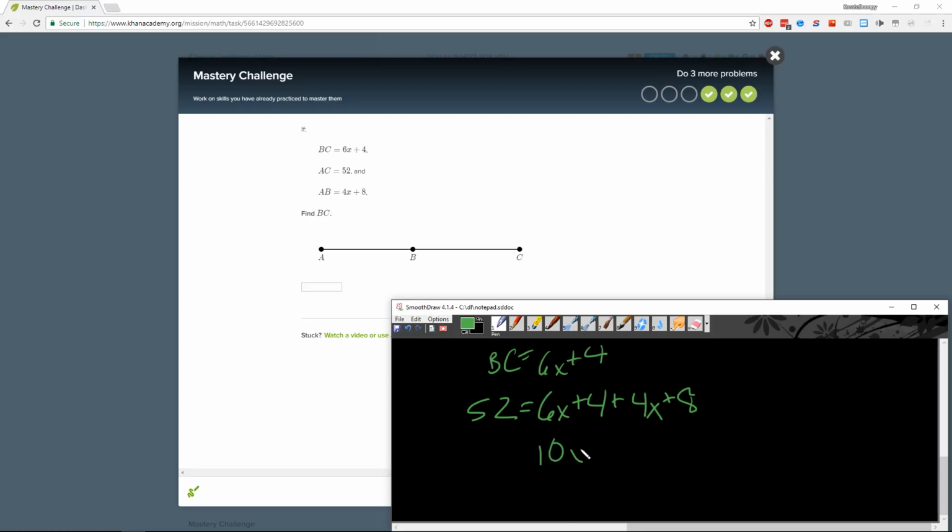So that's 10x plus 12, minus 12 from both sides. That goes away. 40. So x equals 4. And then you've got to plug it back into BC. So if x is 4, then it's 6 times 4 plus 4. That's 24 plus 4 is 28.